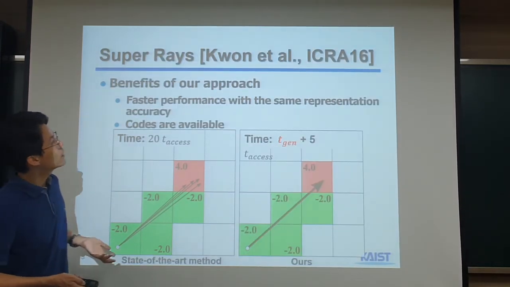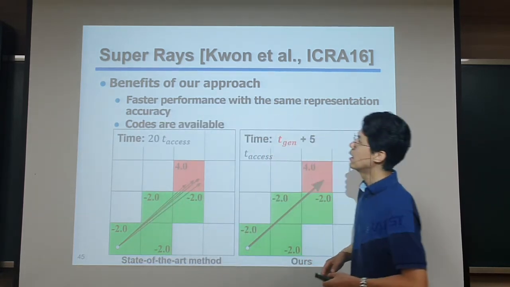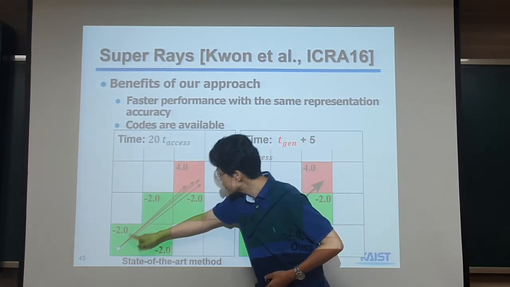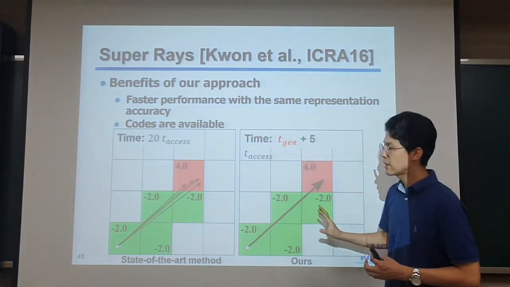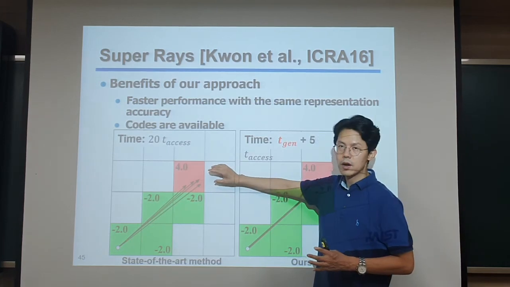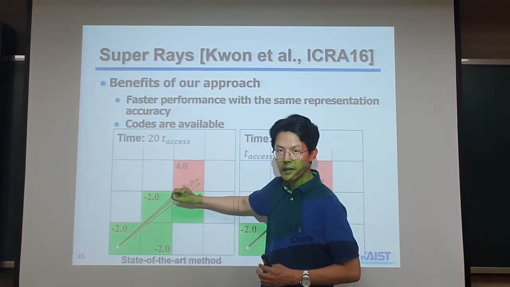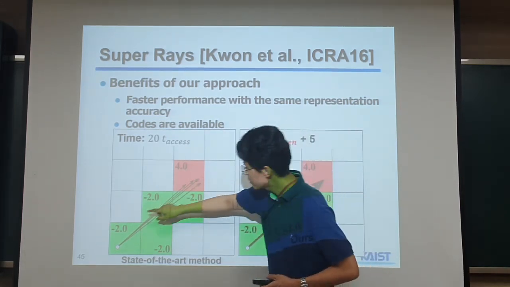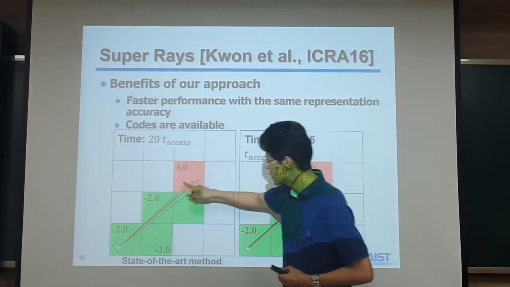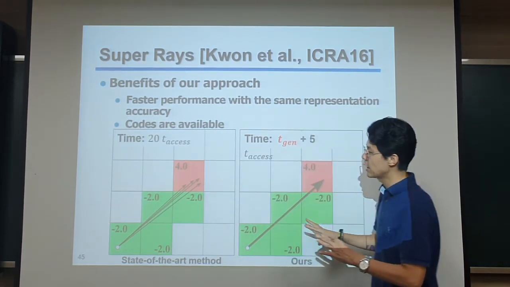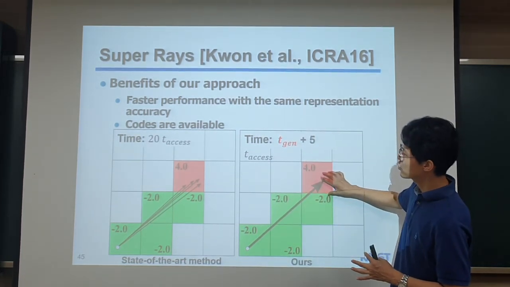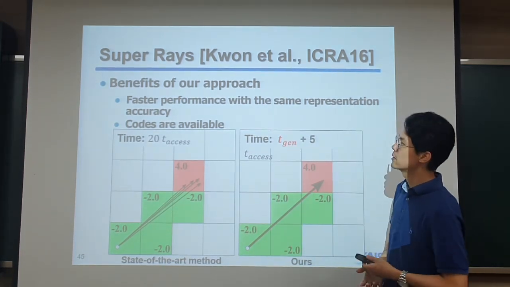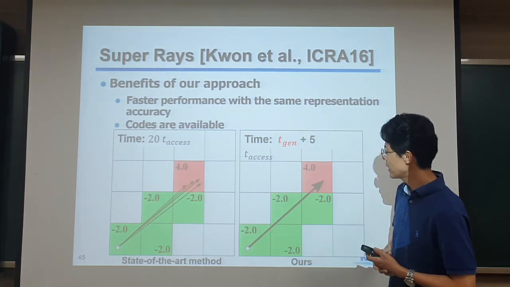So back then we proposed, instead of traversing every single ray from here to there, to identify a set of points that have exactly the same traversal pattern from the sensor origin. We group them, and we call it a super ray, and then we traverse only one time. That way, we can improve the map updating time.